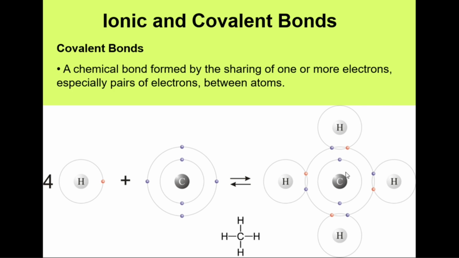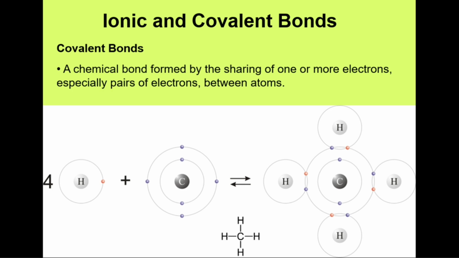So there's the carbon. It is sharing its 4 valence electrons with 4 atoms of hydrogen, and each of those atoms of hydrogen shares its single valence electron with the carbon. So carbon is now associated with 2, 4, 6, 8 valence electrons. So carbon is happy.